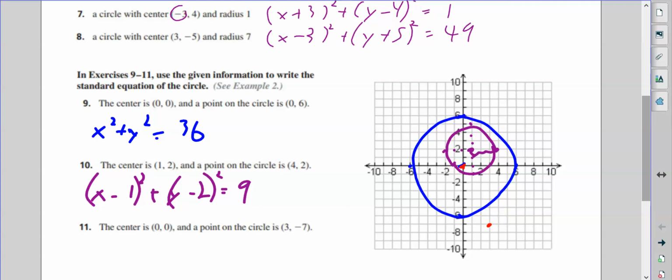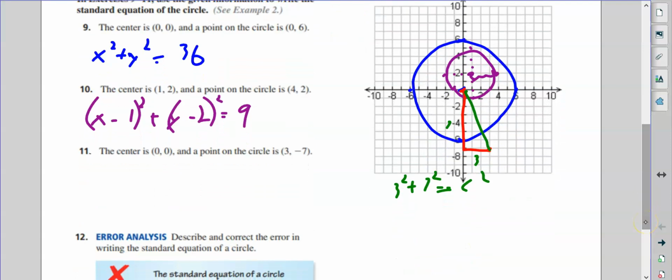So that means we need to find this connecting piece right here. That will be the radius of that circle. Well, we do what we already know how to do. We have 3 spots here, 7 here. So 3 squared plus 7 squared equals c squared. So we're trying to find the hypotenuse.